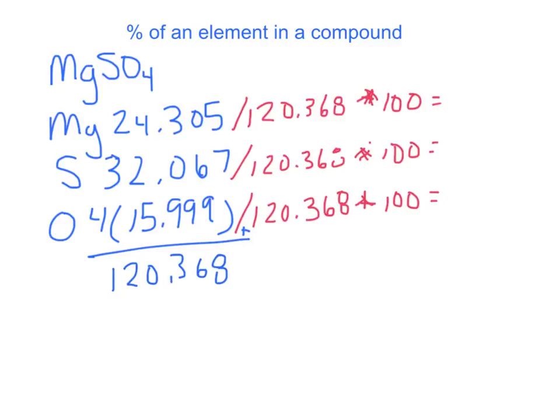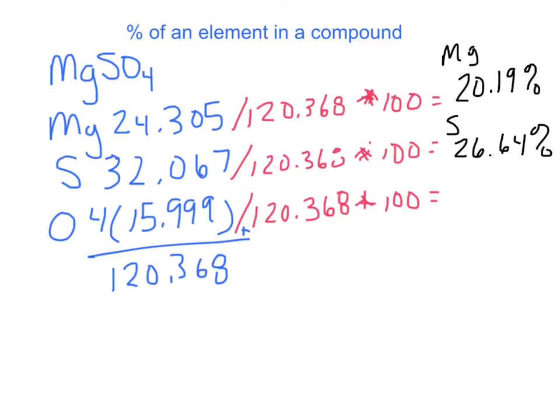So for magnesium, I get 20.19% of magnesium. For sulfur, I get 26.64%. And for oxygen, I get 53.17% for oxygen.